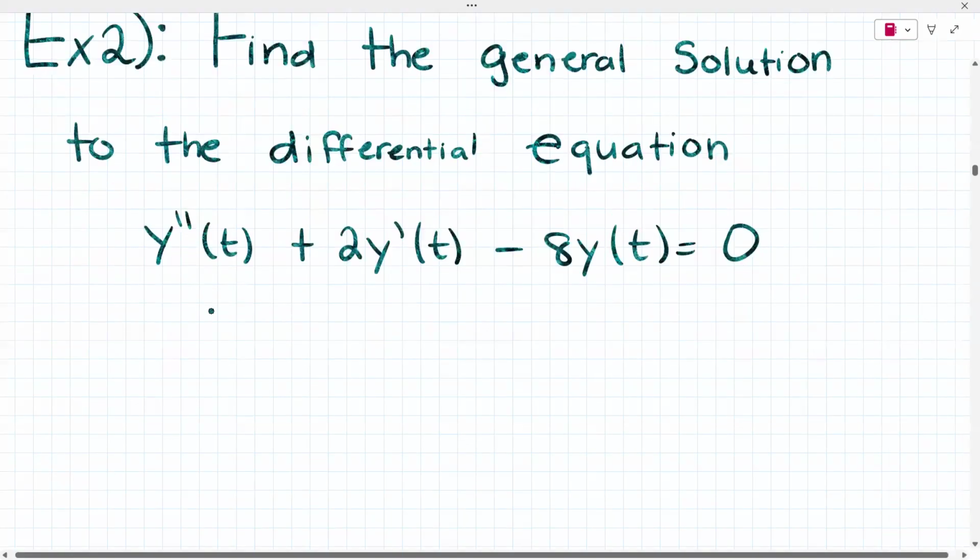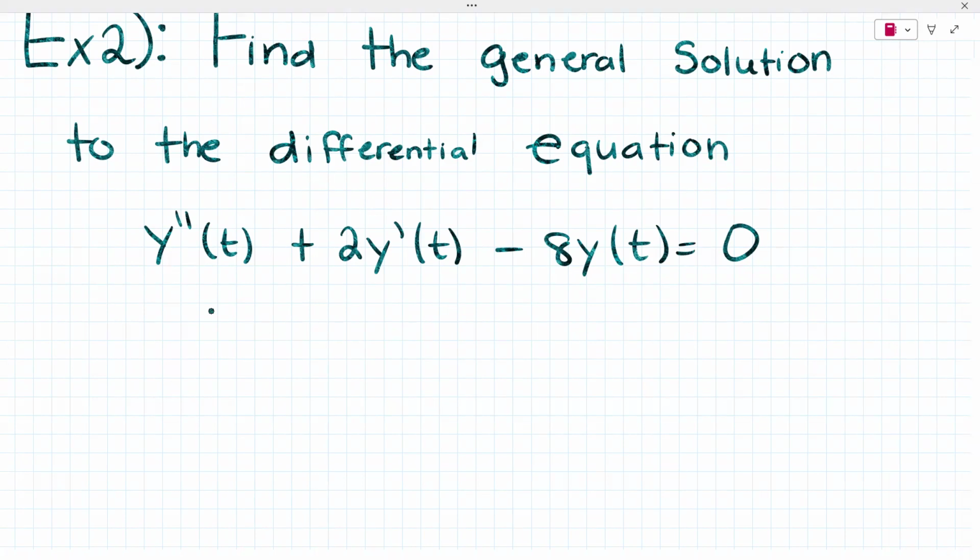So what would I do? I'm going to rewrite this problem as y double prime of t plus 2y prime of t minus 8y equals 0. And I'm going to figure out my a, b, and c. So my a, b, and c are the coefficients.